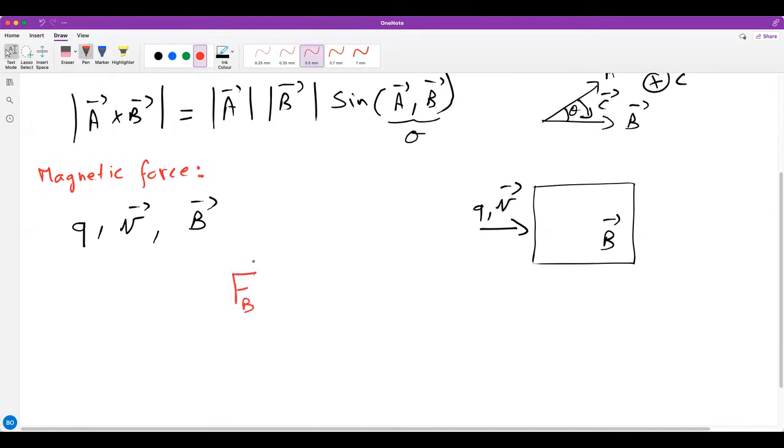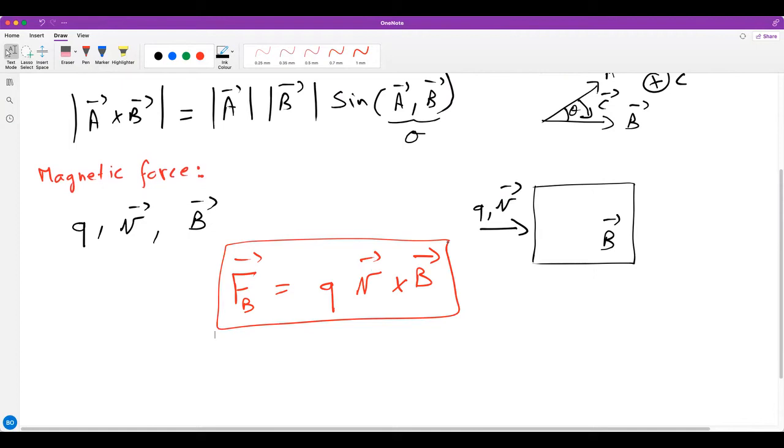The magnetic force, which we'll call F, is equal to the charge times the cross product of the velocity cross B. So this is the magnetic force.